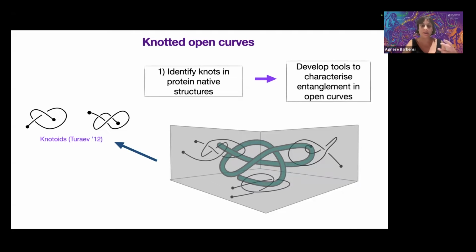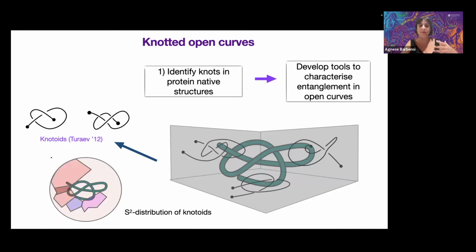Now, these allowed people to study the entanglement type of open curves without having to rely on artificially closing the curve. And this can be done perhaps by looking at the S2 distribution of planar projections of your curve. So each direction of projection defines a different notoid diagram. We can analyze this notoid diagram using notoid invariants, defined in a similar way as our usual knot invariants.